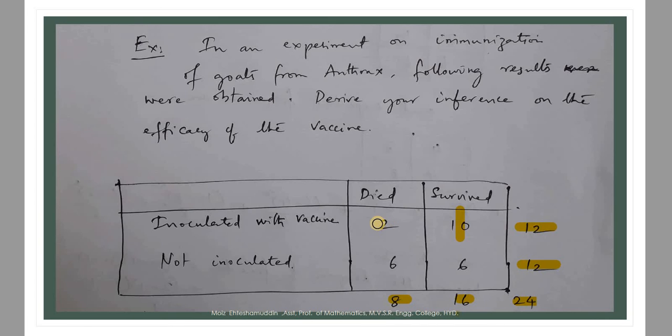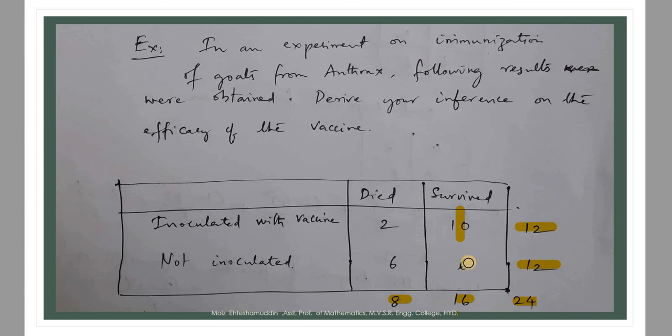We now calculate the expected frequency of this 2 just by multiplying the column total with the row total and then dividing by the total number of items. So to find the expected frequency of this 2, I will multiply this 8 with 12 and divide by 24. This is the procedure, having a lot of background behind it that you can see in S.C. Gupta or various other books.